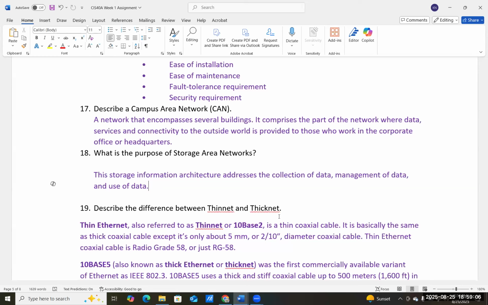Okay, so the old coaxial is called thin net. When you're looking at the number like this, the 10 here represents the speed. You're going to see later on that we have a different base, like 1,000 base.